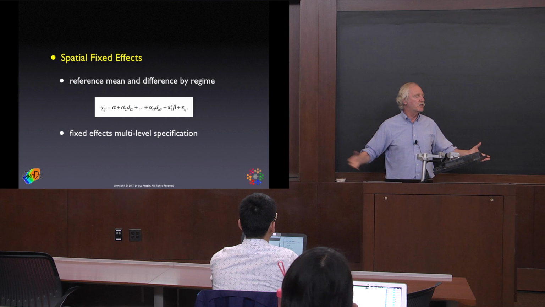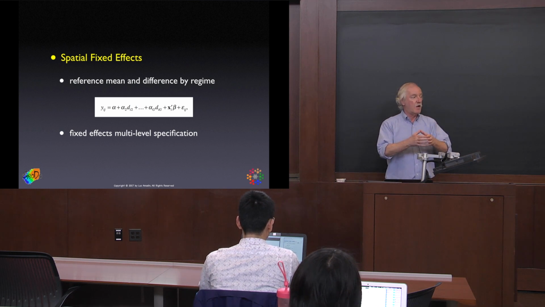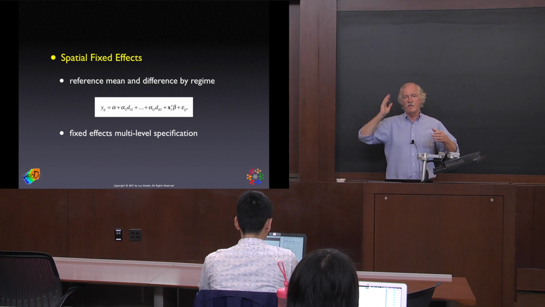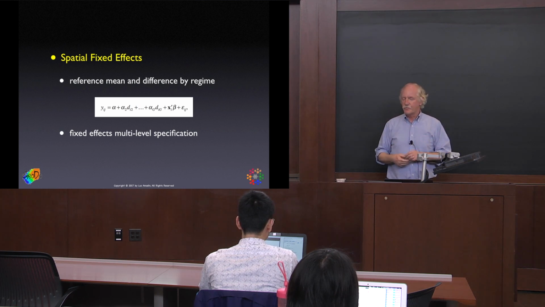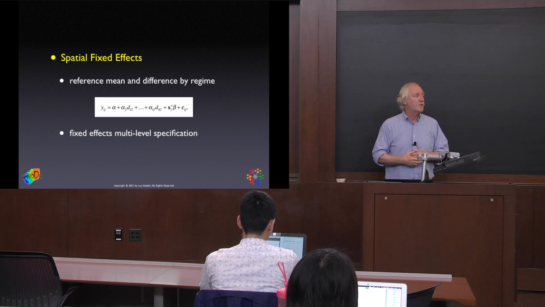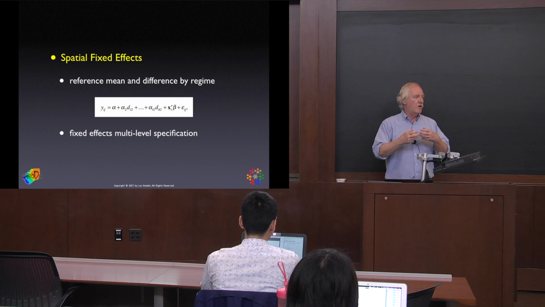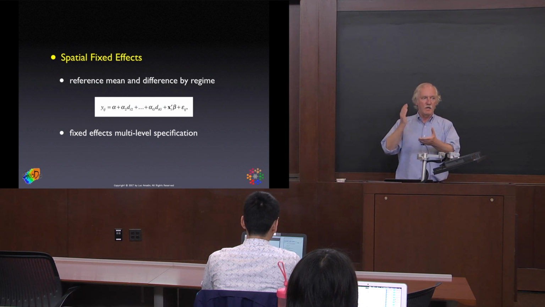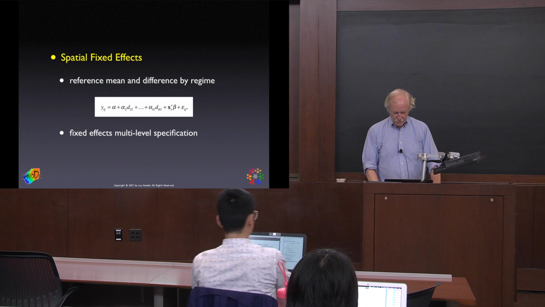So the pooling solution puts everything together, that's our homogeneity, and then the non-pooling solution would give every unit its own constant term, and then full multi-level modeling would treat that as a random effect and then model the variability across these units explicitly rather than just saying, here's a dummy variable, right?